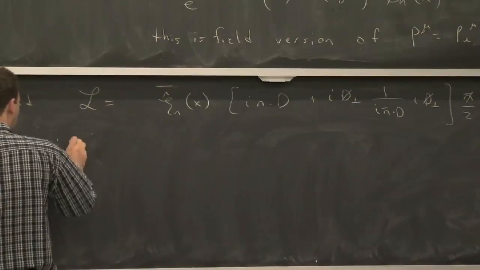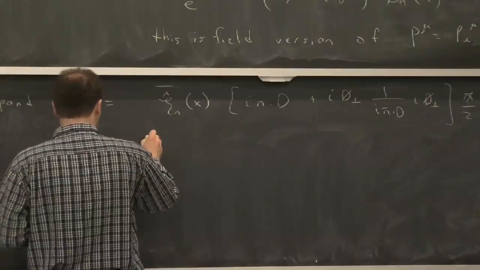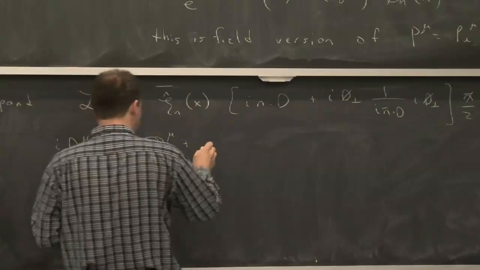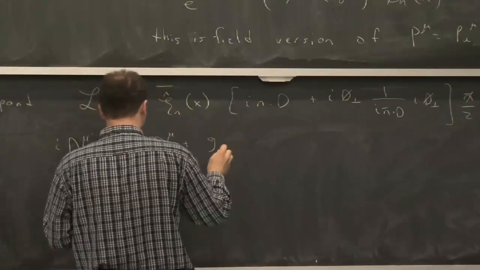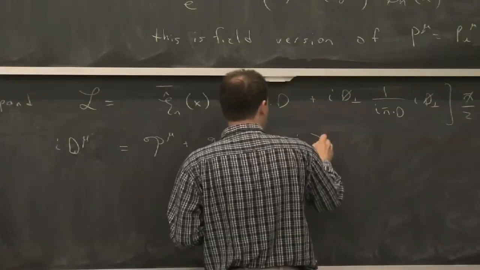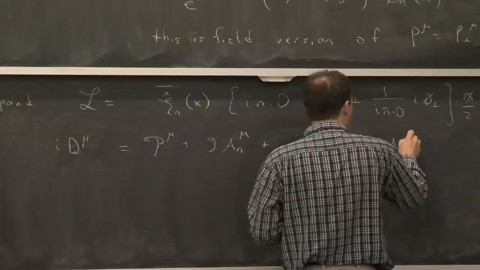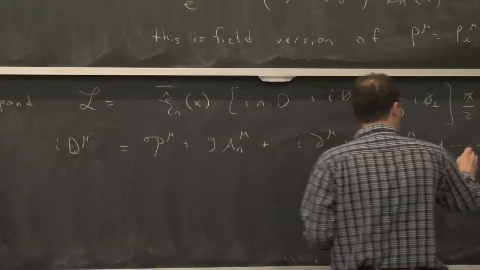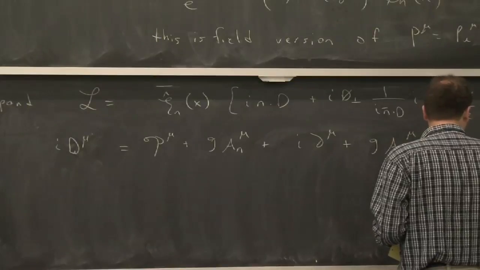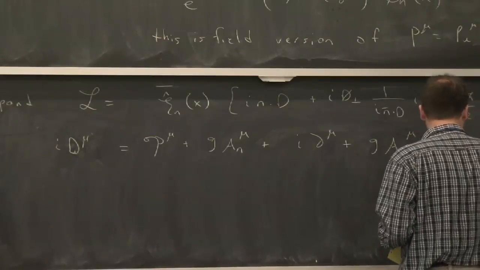So because of what I just said, you can think of the covariant derivative, and because of what I said last time for the gauge field, we have a very simple decomposition for the covariant derivative.